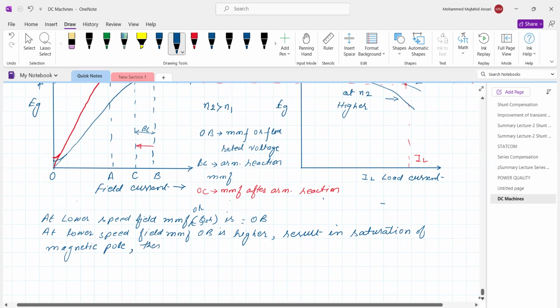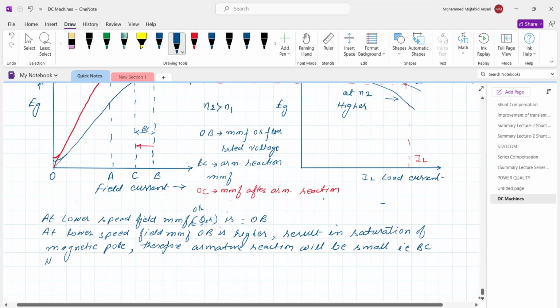Therefore, armature reaction will be small. Say that is BC.